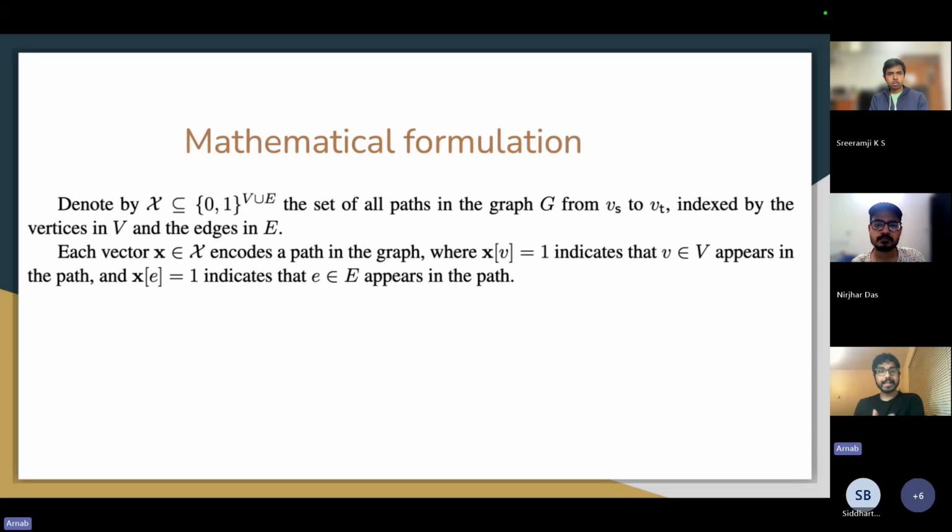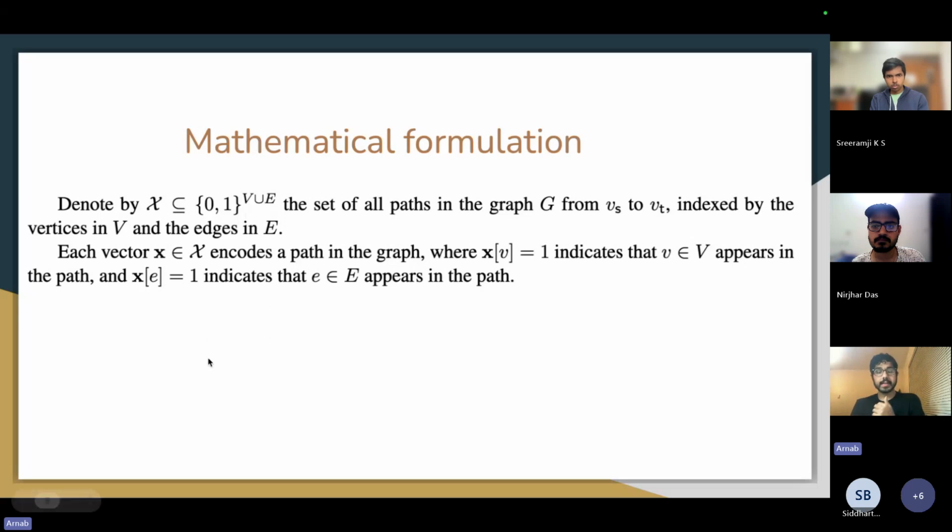Now, mathematically, I'm going to denote the set of paths from source to sink as a combinatorial set, and each path is essentially a combinatorial 0-1 vector, indexed by the vertices and the edges.